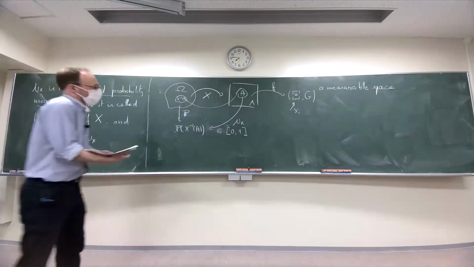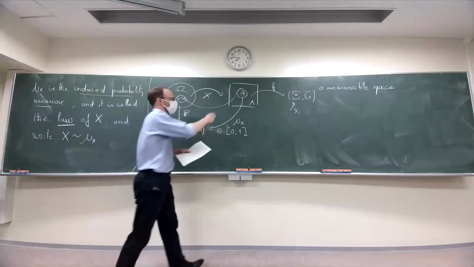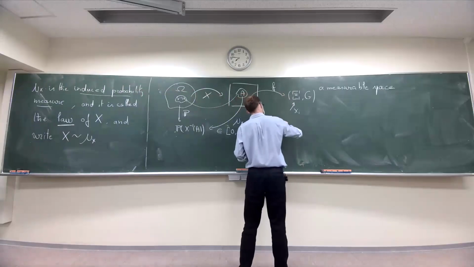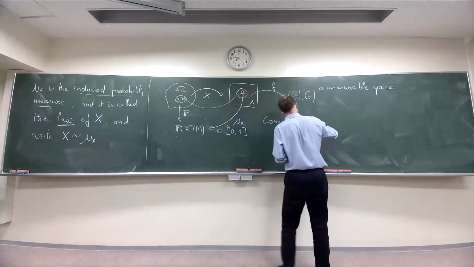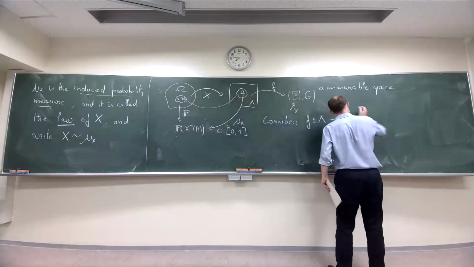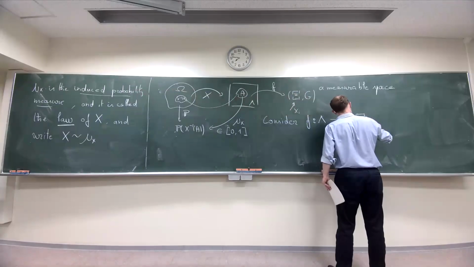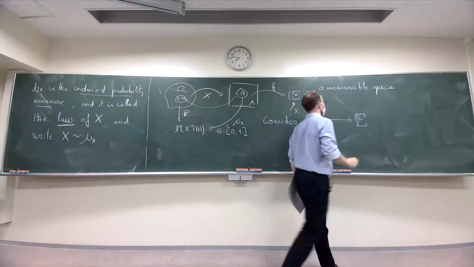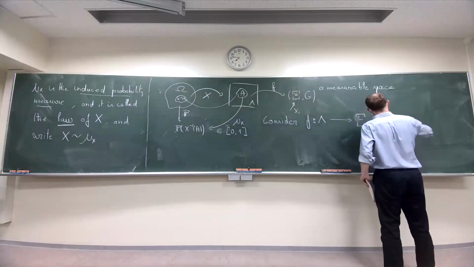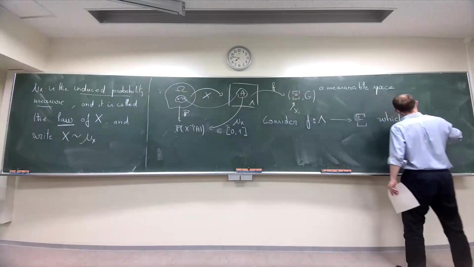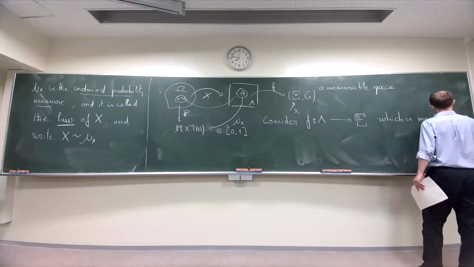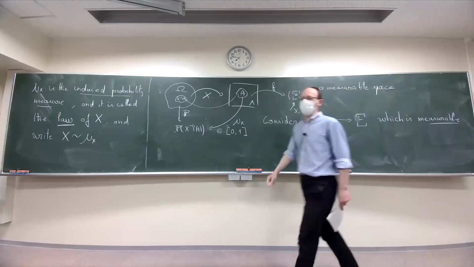So now we consider f, which is from this set to this set Xi, which is measurable. Now I haven't introduced this explicitly, but you know already what it is.